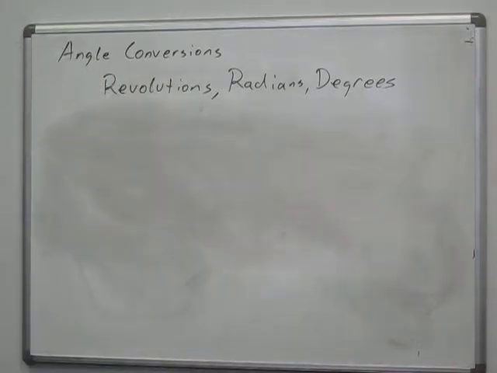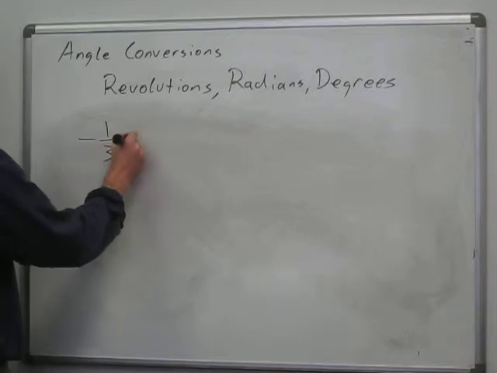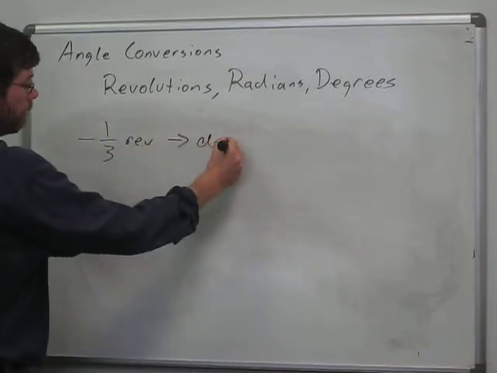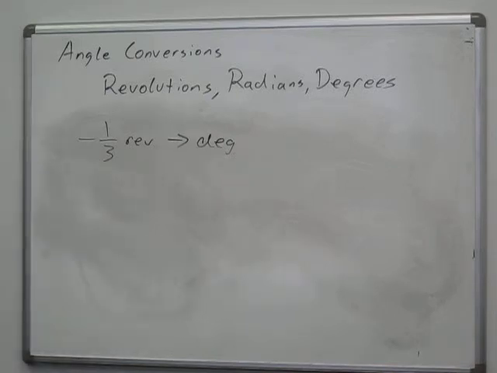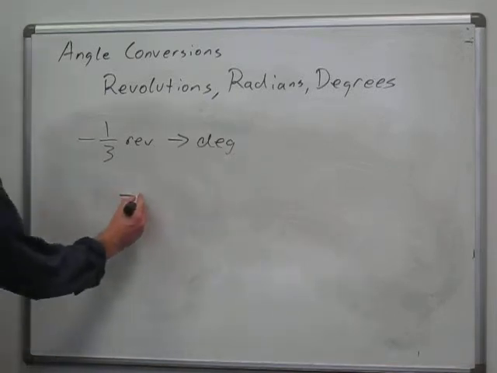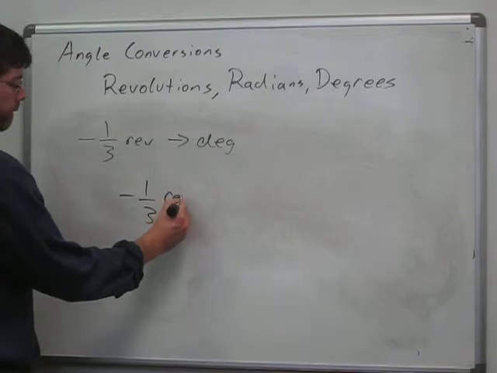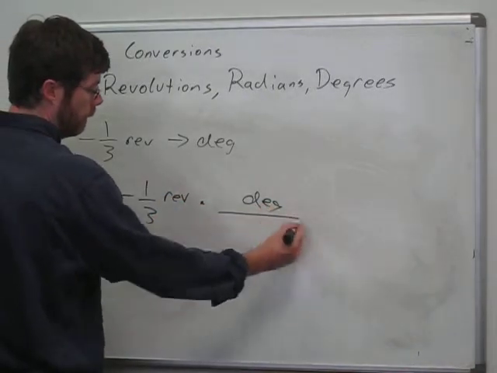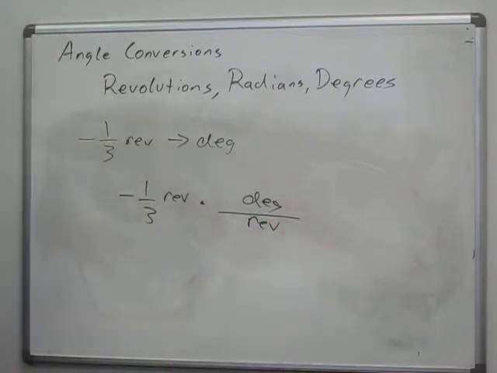What about the other directions? What if we want to go from -1/3 of a revolution into degrees? Well, here I want to end up in degrees, and I want to get rid of my revolution measure.